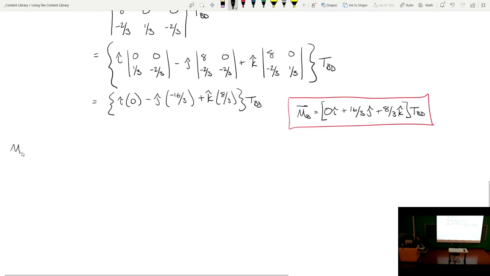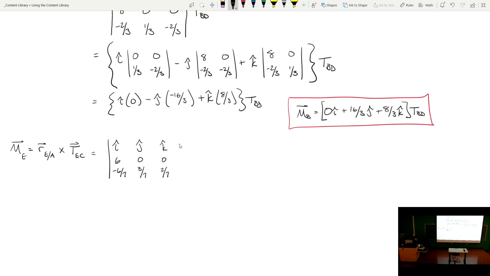So finally, M_E, not M_C, is R_EA cross with T_EC, which is the following. So we're going to have i 6 minus 6/7, j 0 3/7, and then k 0 2/7.